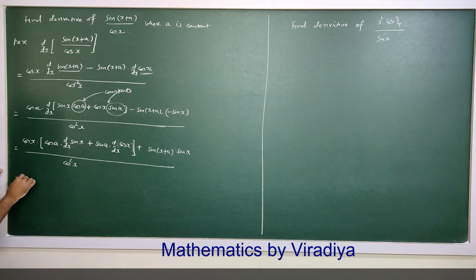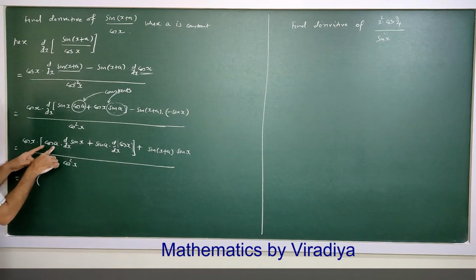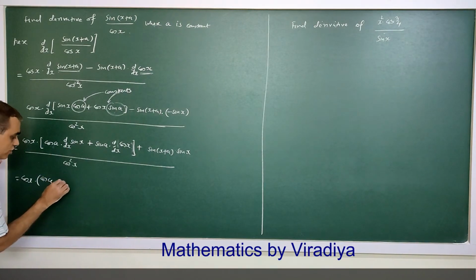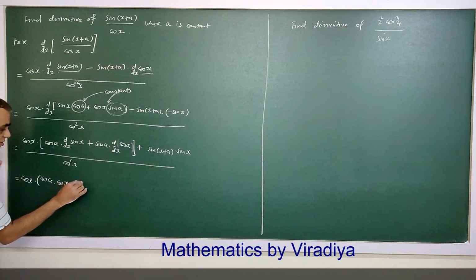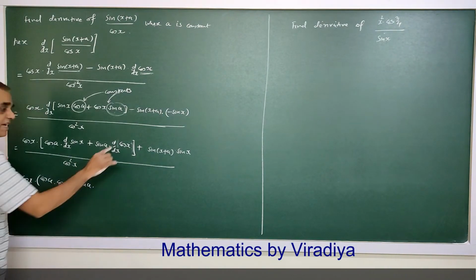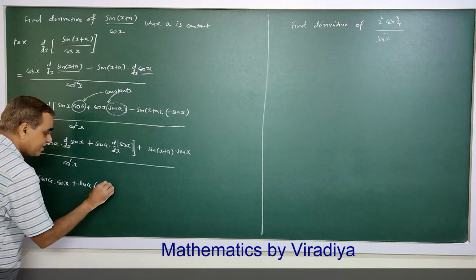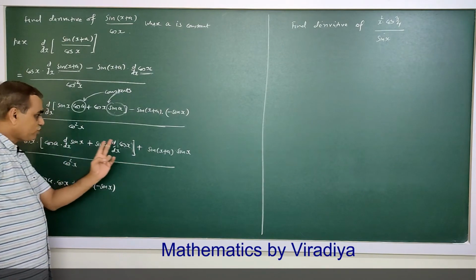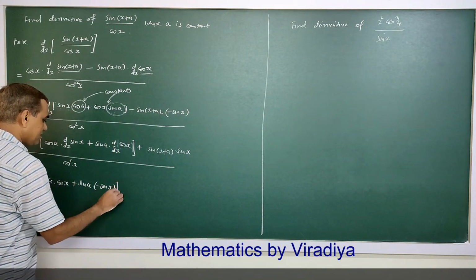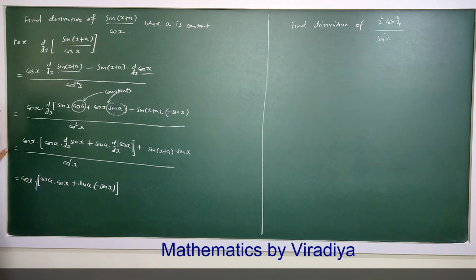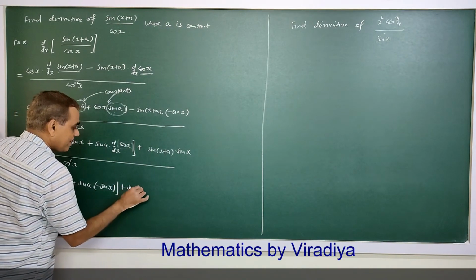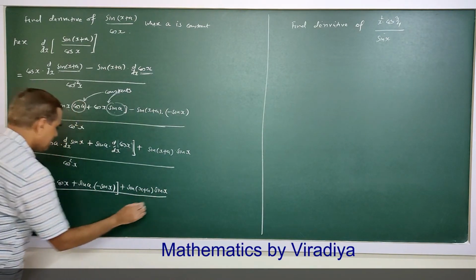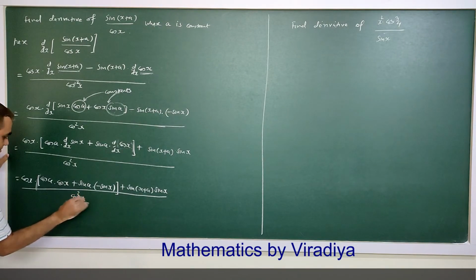Now here cos x into cos a into, now derivative of sine x is cos x, plus sine a into derivative of cos x is minus sin x. Derivative of sin x is cos x, derivative of cos x is minus sin x. We keep this in bracket. Plus sin of x plus a into sin x upon cos square x.